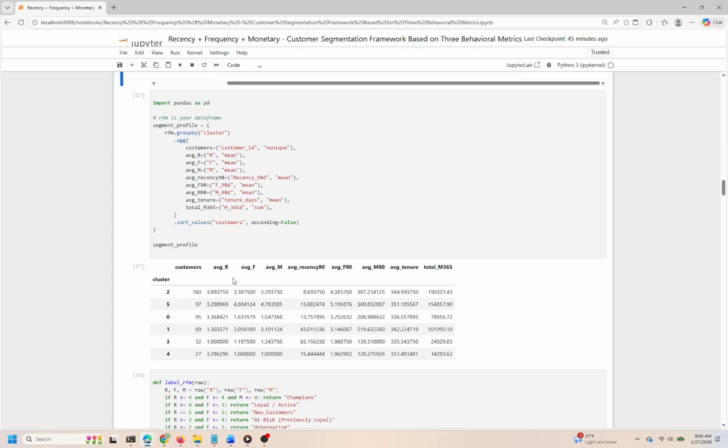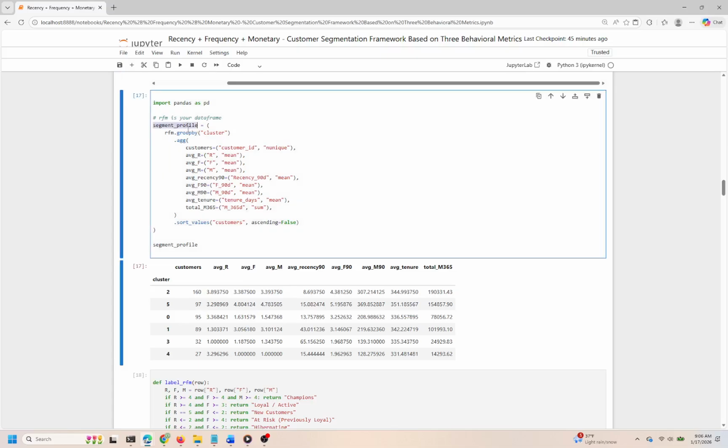Cell 10. In this cell, we're diving into the heart of customer segmentation by analyzing the RFM data in detail. The goal here is to group customers based on their behavior and derive insights that help understand each segment's characteristics, which can be crucial for targeted marketing strategies. At its core, this code uses the pandas library to work with a data frame called RFM.